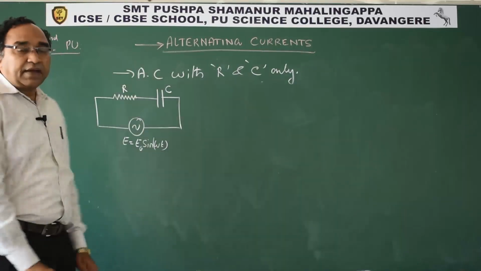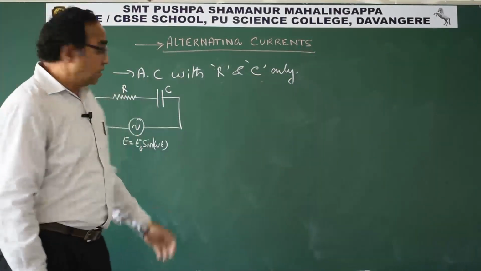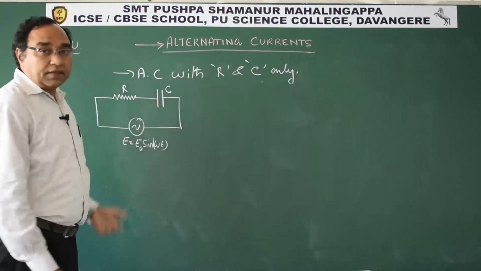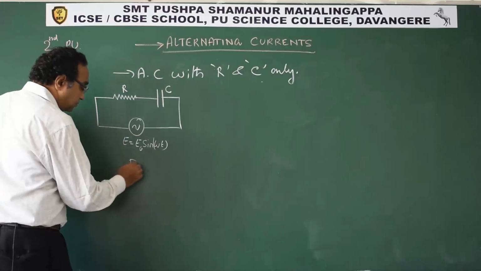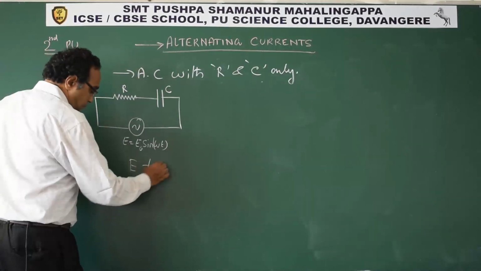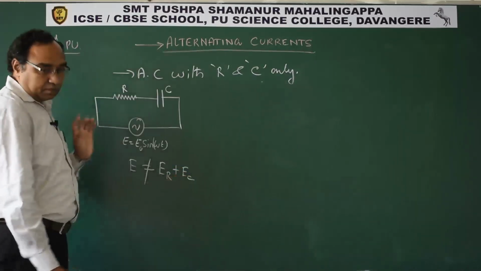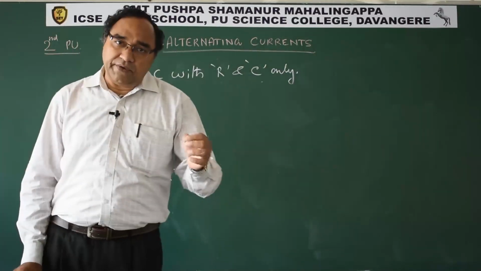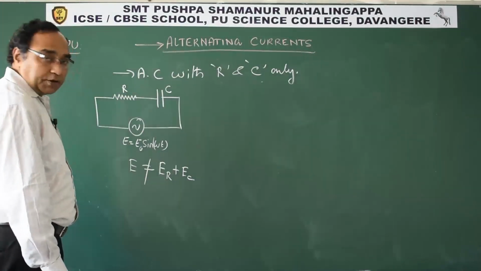This is what we have as a series RC circuit. Now again here we cannot write E is equal to ER plus EC. I hope you are aware of why we cannot write like this. It is, I hope, clear to you.